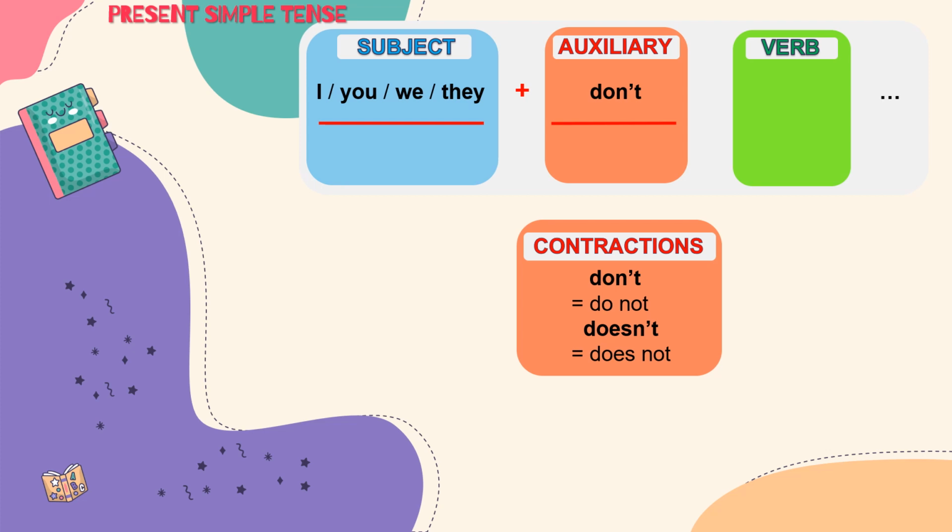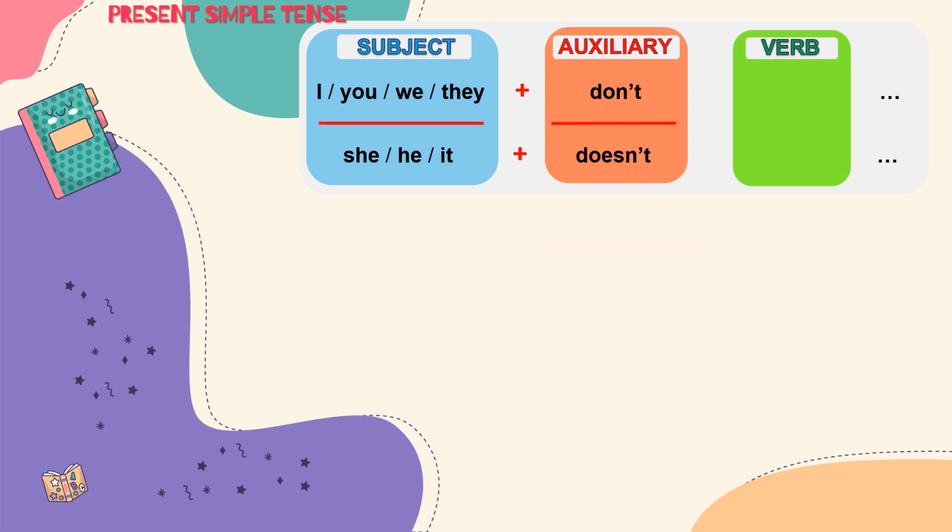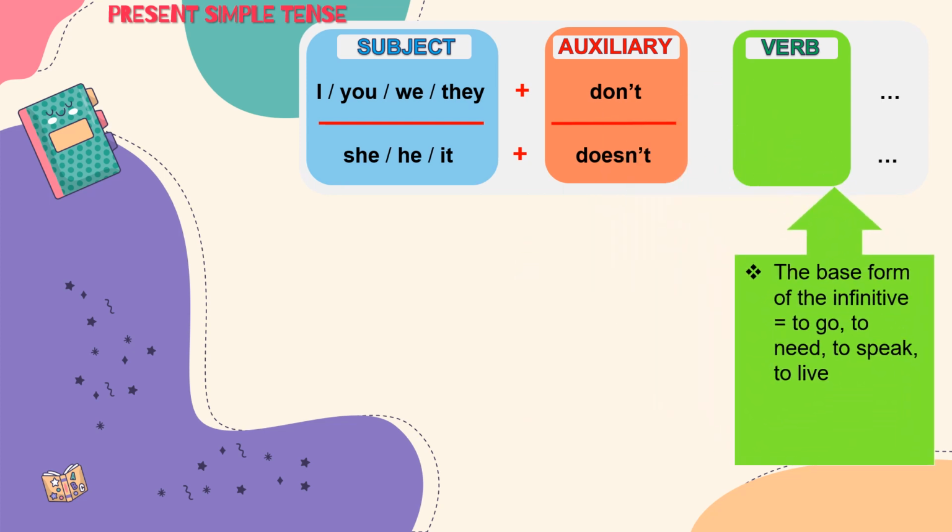Look at this chart. When the subject is I, you, we, or they, we use don't before the verb. When the subject is she, he, or it, we use doesn't before the verb. Note: don't is a contraction of do not. Doesn't is a contraction of does not.